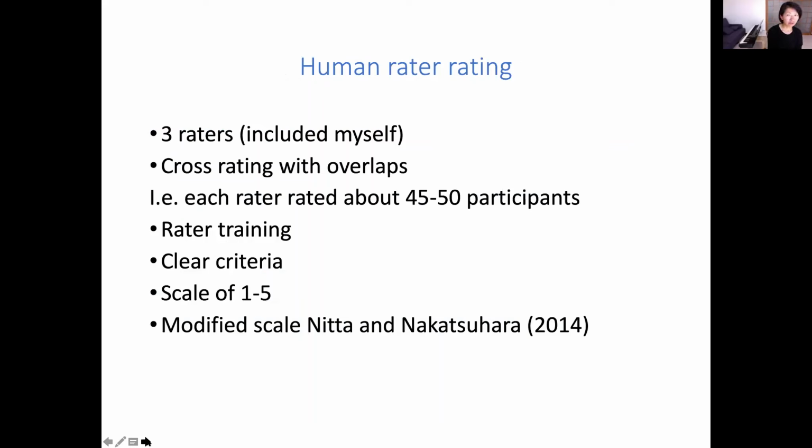So for people who are familiar with speaking research, one of the biggest arguments is the lack of human raters, okay, because even the CAF measurement of complexity, accuracy, and fluency, it doesn't really describe our human speech.